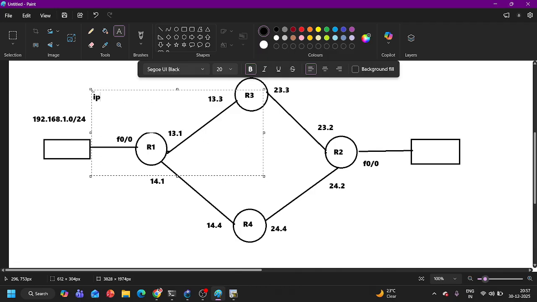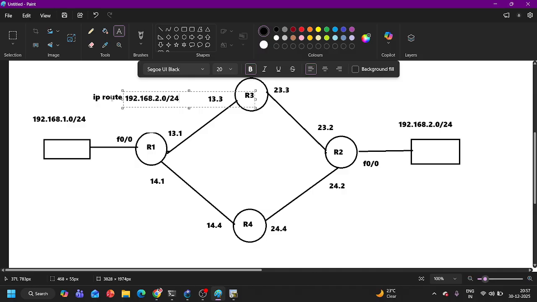IP route, no need to define static, just tell me the subnet directly. The destination IP is, let's say, 192.168.2.0/24, via 13.1.3, exit interface, via 13.3 and exit interface.